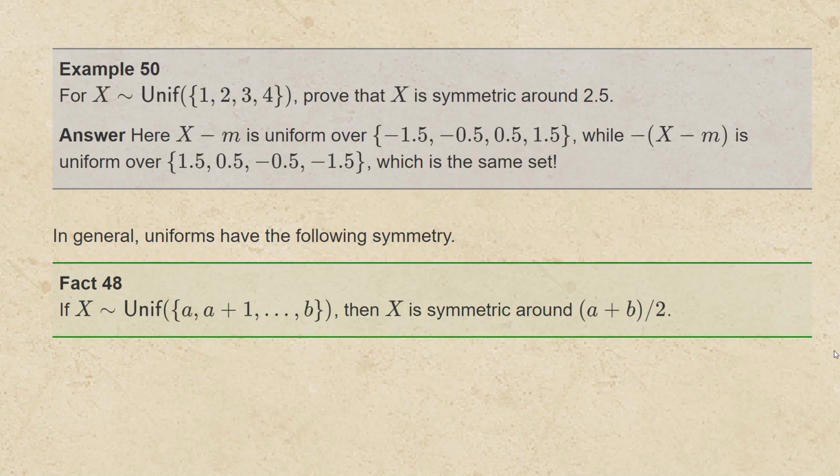It's just that the elements are written in a slightly different order. In general, uniforms have the following symmetry. If x is a uniform random variable from the integers a up through b, then x is symmetric around the quantity a plus b divided by 2.